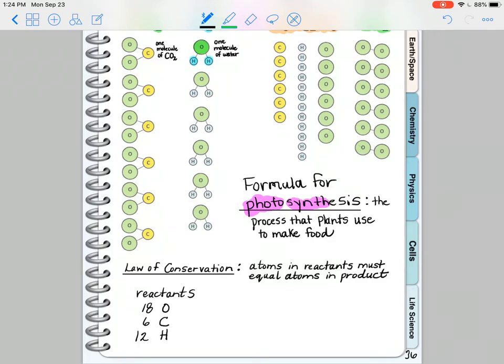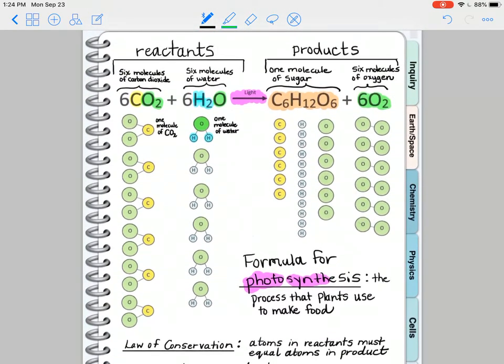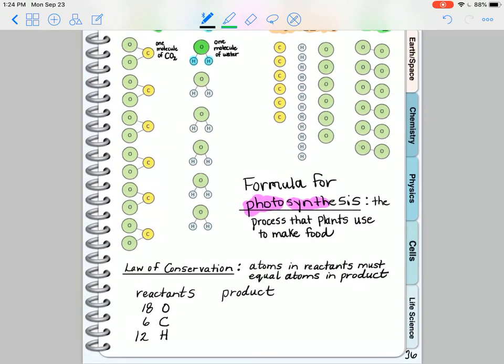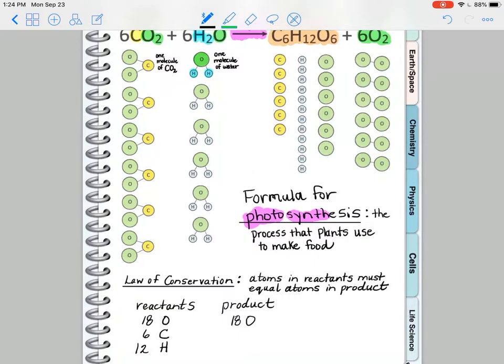Now let's do the same thing for the product side, which is the end result of this equation. So let's count the O's. 1, 2, 3, 4, 5, 6, 7, 8, 9, 10, 11, 12, 13, 14, 15, 16, 17, 18 oxygens. That's looking awfully good because they need to match. How many carbons? Well, we have 6 of those. And how many hydrogens? 1, 2, 3, 4, 5, 6, 7, 8, 9, 10, 11, 12. Look at that.